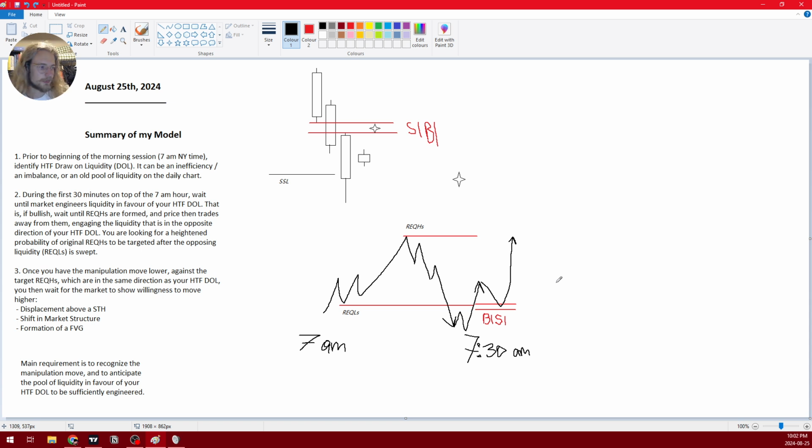That's the idea. That's basically a quick summary, a 10-minute video reminder of what I'm looking for. This requires recognizing the manipulation move and being able to pick up on liquidity. We need to be able to see these liquidity pools, and we need to see the inefficiencies in the marketplace.